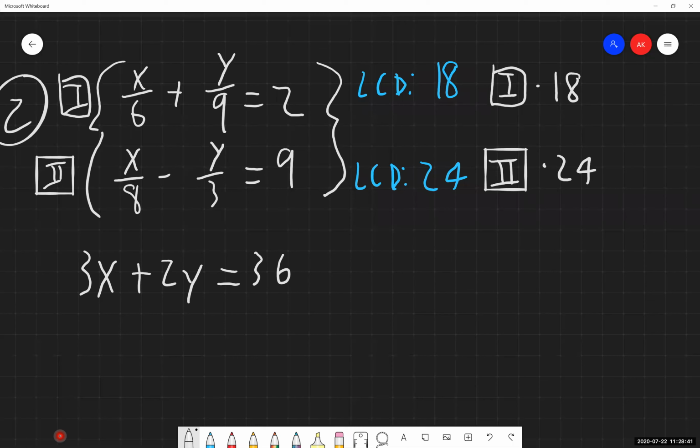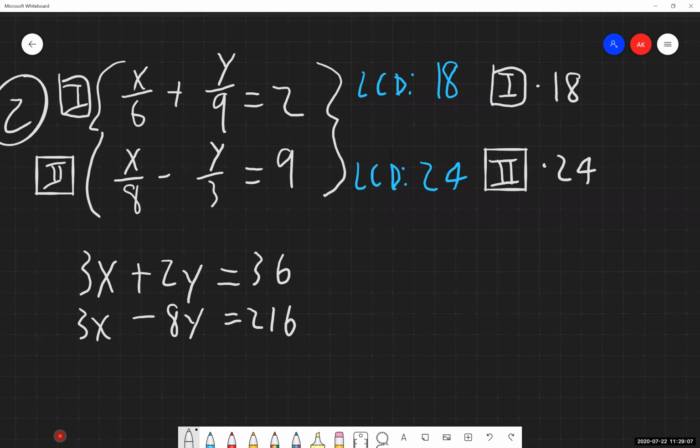That's going to also give me 3x, minus y over 3 times 24, which gives me 8y, is equal to 9 times 24, which I don't know off the top of my head. So I'm going to apply the calculator. 9 times 24 gives me 216.